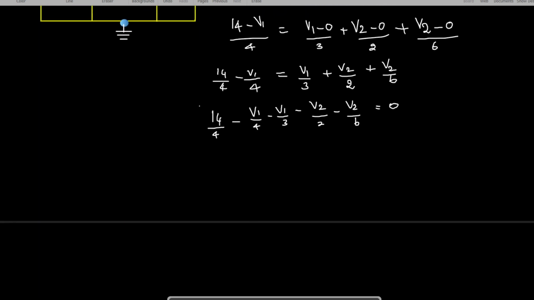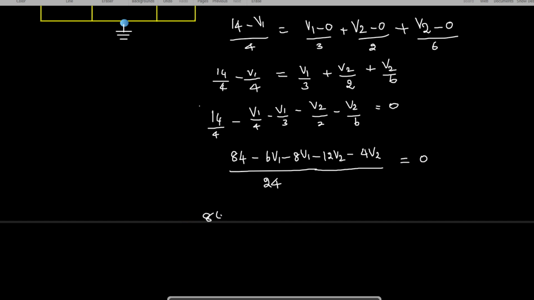So here, if I take 24 as common denominator, so it is 14 into 6, 84, minus 6V1 minus 8V1 minus 12V2 minus 4V2, that is equal to 0.